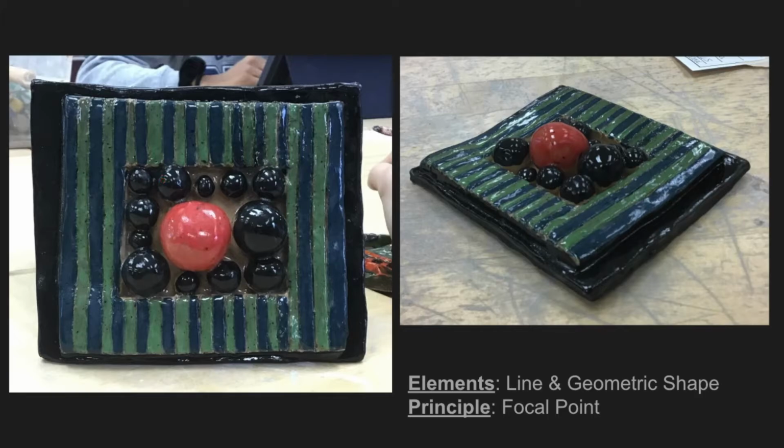As far as techniques, they did carving by putting lines in between the stripes, but they also carved out this nice divot in the middle for the spheres to sit in place. And then for the applique, they added a smaller mini tile and then appliqued all the spheres in the center.